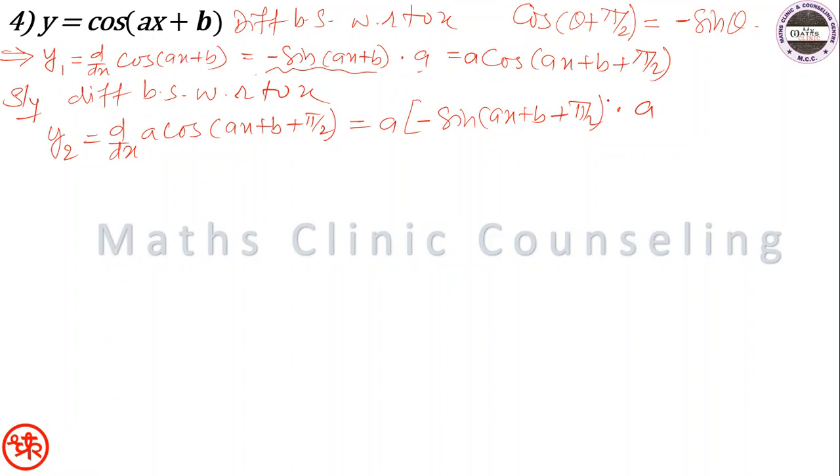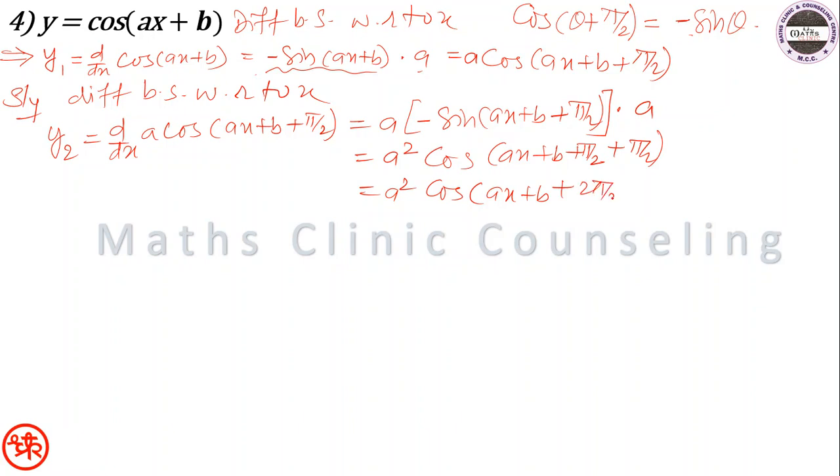Is that clear? So that is equal to a into a squared, and now here is again minus sin theta is equal to cos of theta plus pi by 2, that is cos of ax plus b plus pi by 2 is now theta plus pi by 2. Okay, so that is equal to a squared into cos of ax plus b plus 2 pi by 2.